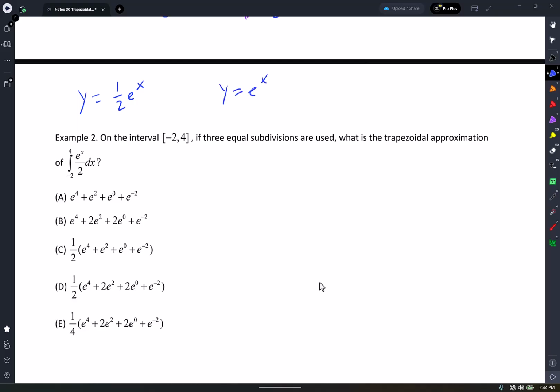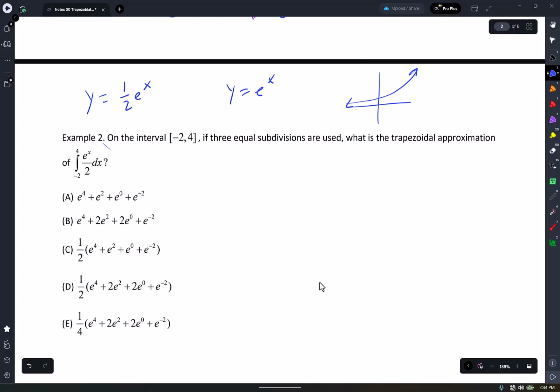The only difference is a vertical compression. Y equals e to the x looks like this. So y equals 1/2 e to the x looks the same, but with a vertical compression. On the interval -2 to 4, if 3 equal subdivisions are used, what is the trapezoidal approximation of that?